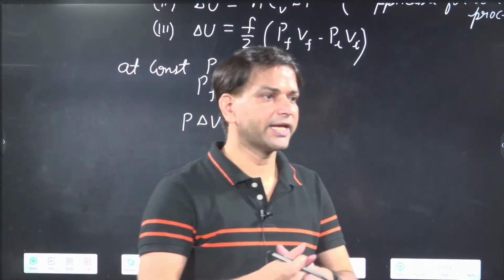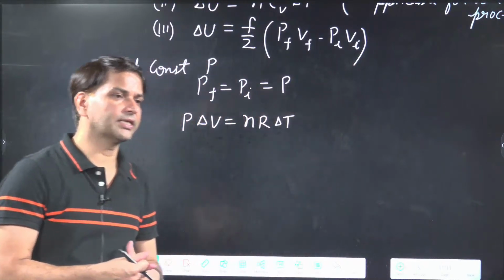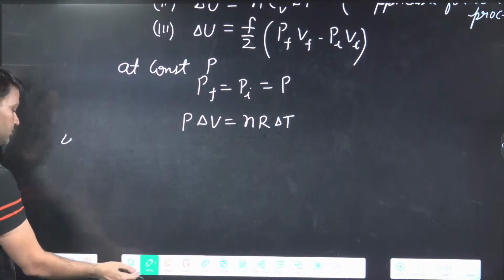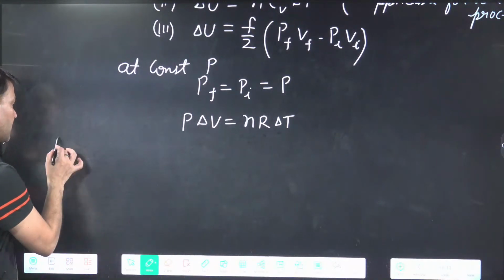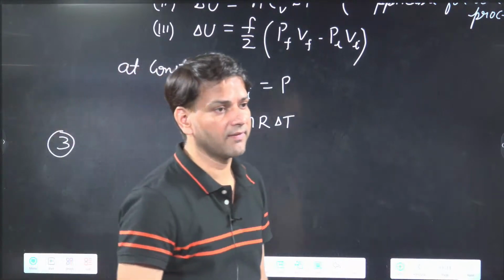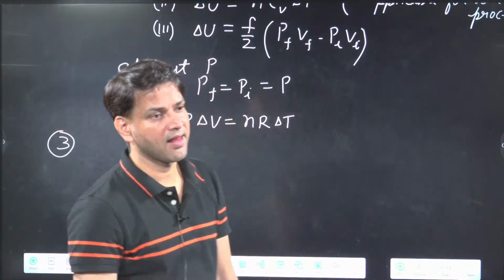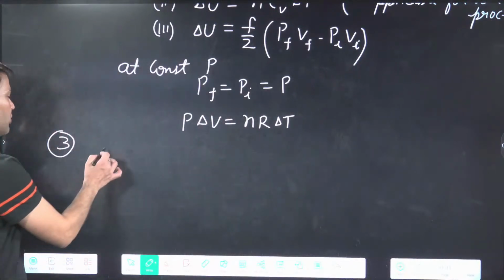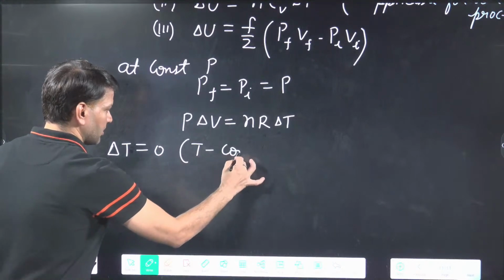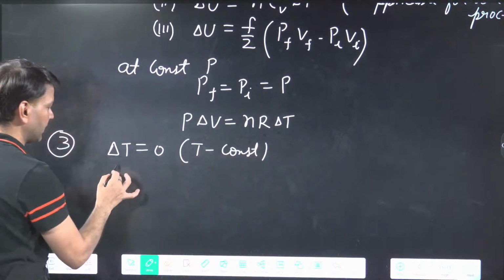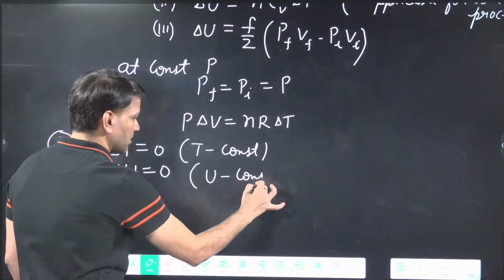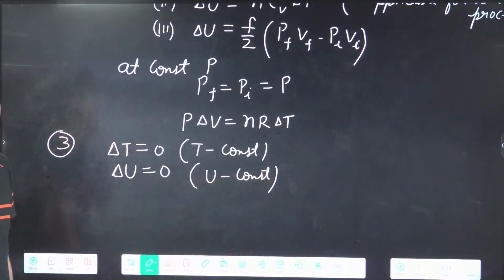If I say the temperature is constant, what is the change in internal energy? It is 0, because delta T is equal to 0. Then delta U is 0, which means U will be constant.